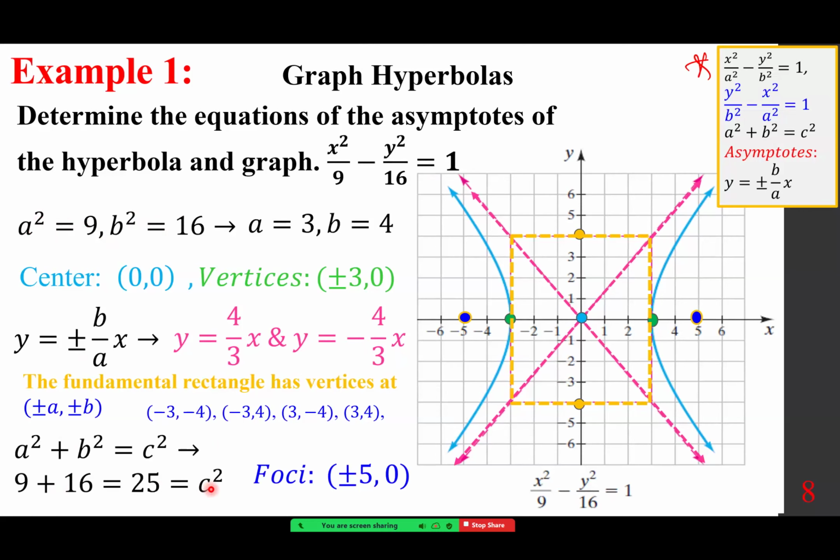So that's a complete graph with details, with asymptotes, fundamental rectangle, vertices, center, and foci. You don't have to plot those pairs. I just wanted you to see what happens as far as the rectangle is concerned.